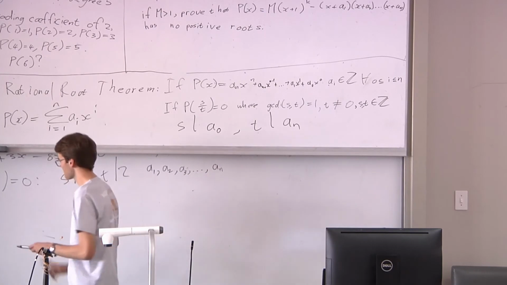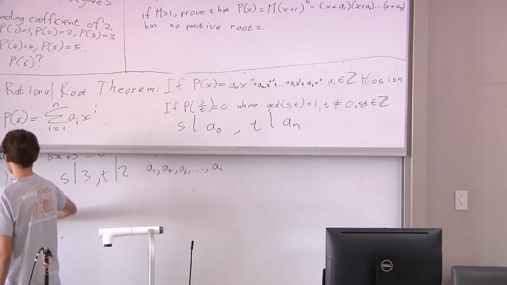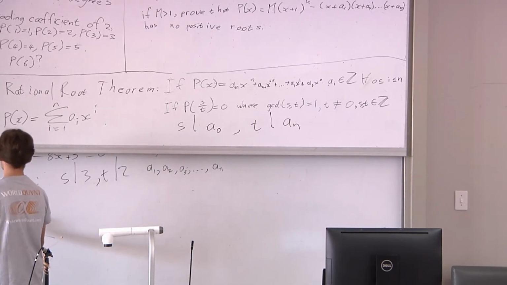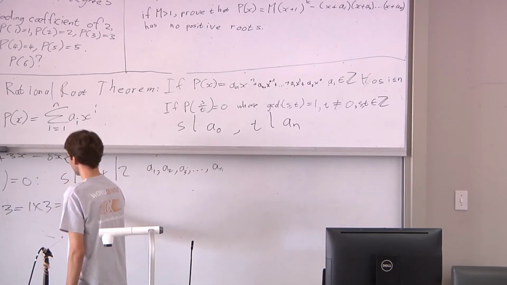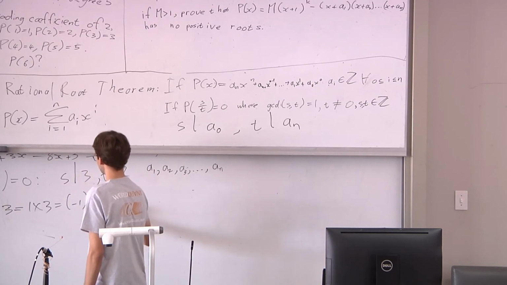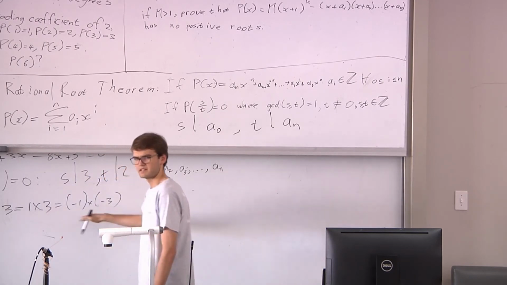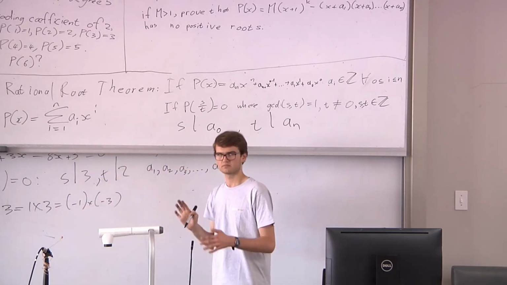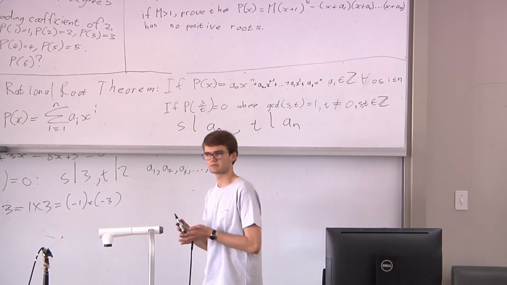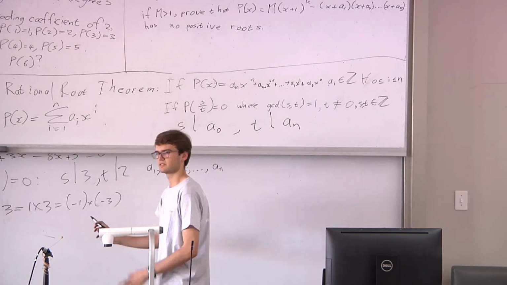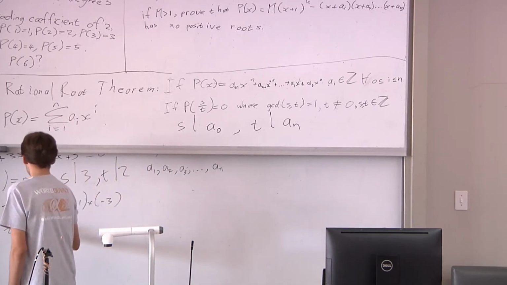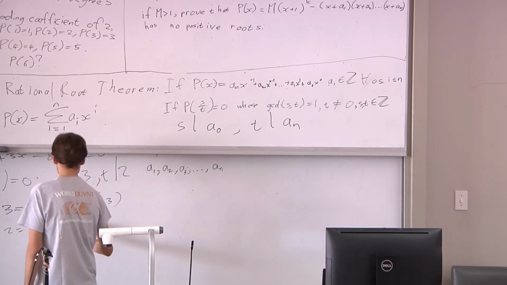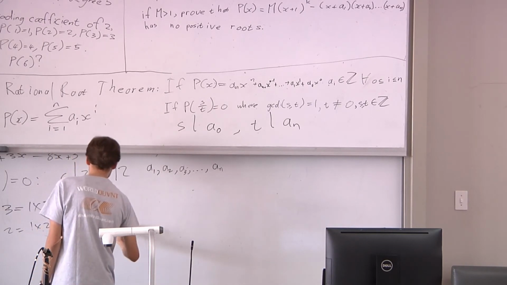Specifically, 3 is equal to 1 times 3, but it's also equal to minus 1 times minus 3. Just keep that in mind, that factors of numbers have negative factors as well. They're the same as positive ones, just with negative signs. And 2 is 1 times 2, which is minus 1 times minus 2 as well.